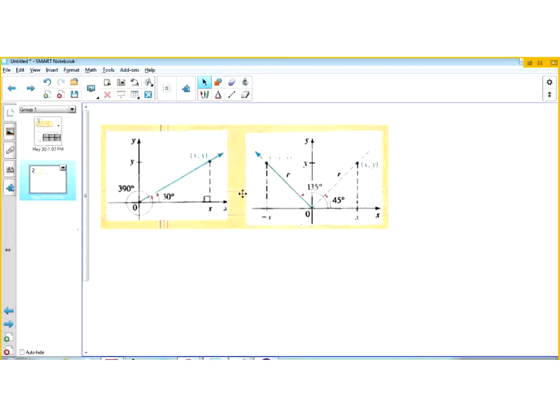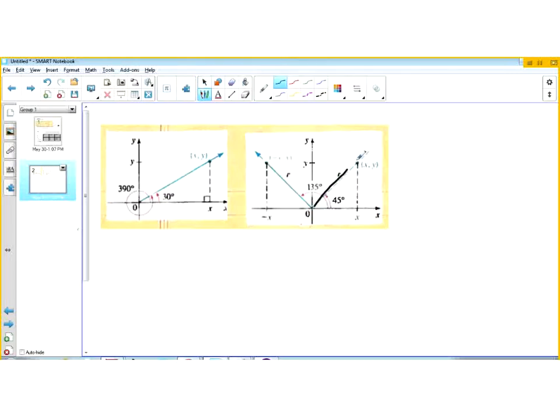The point on the terminating side of the 135-degree angle has coordinates negative x, y. So it's a reflection about the y-axis. A reflection about the y-axis means that you're actually rotating the initial ray.